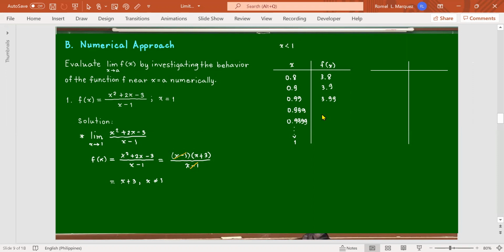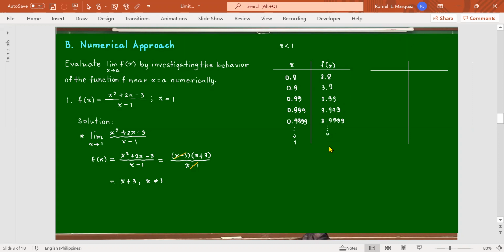So what is f of 0.999? We have 3.999, no? And then if x is 0.9999, the value of f of x is 3.9999. So as you can see from these values, I think there is already a pattern, no? Okay, guys?